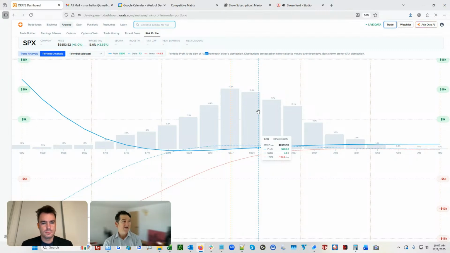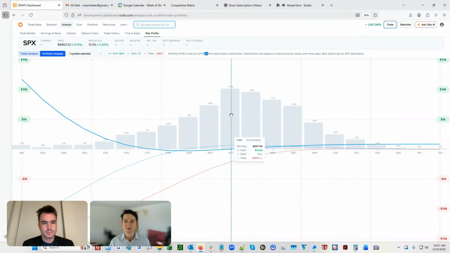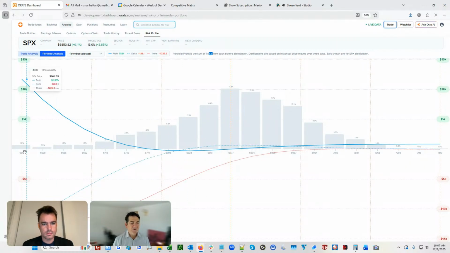If it's a very high volatility time, we adjust where the bucket is that we place the move into. So then we get this kind of normal distribution. 14% of the time, this is a 3-day distribution. So we look out 3 days, look out 3 days, look out 3 days, put them in a bucket, put them in a bucket. So you can see going down, this is 3 standard deviations. It's happened 1% of the time.